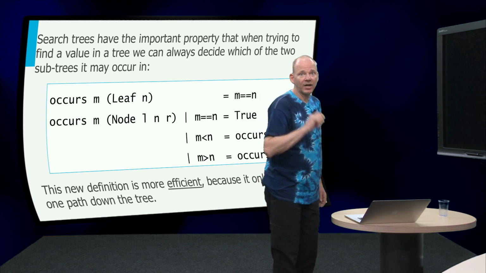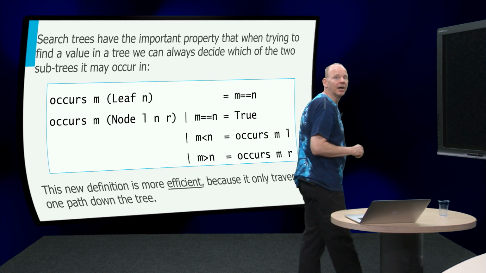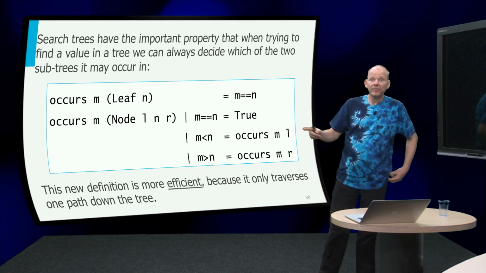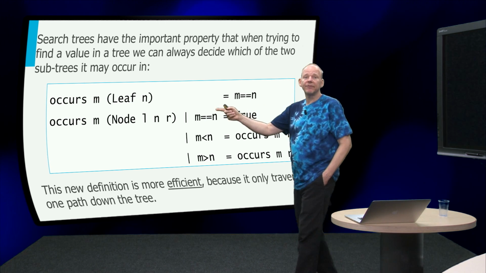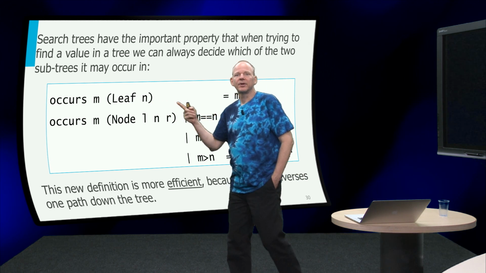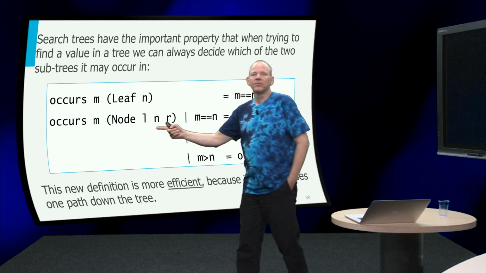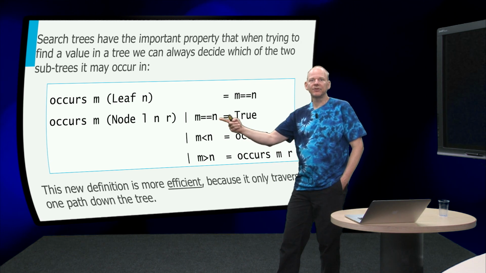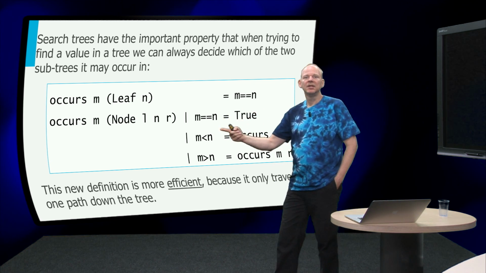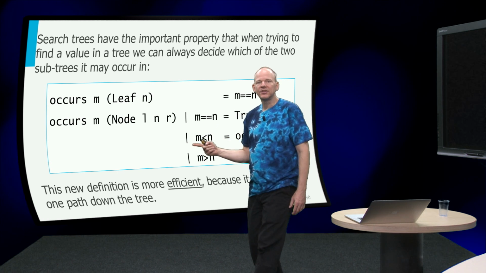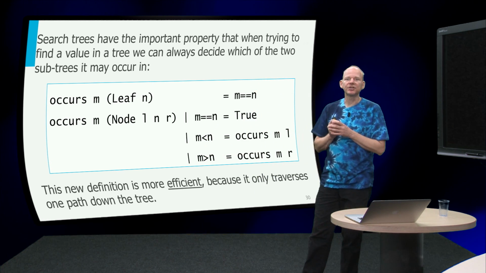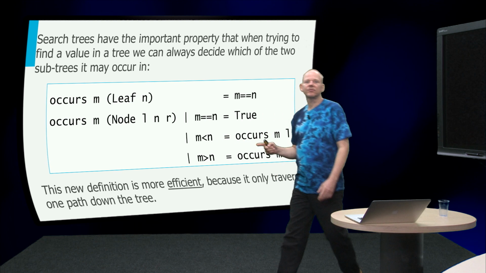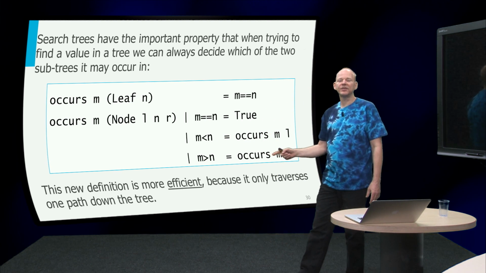So now we can define occurs as follows. If we have a search tree, we can check whether it's a leaf. When we have a node, we check whether the values are the same, we return true. Now, since we know more about the structure, we only traverse one path down the tree.